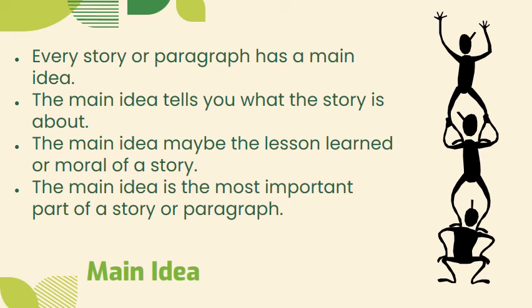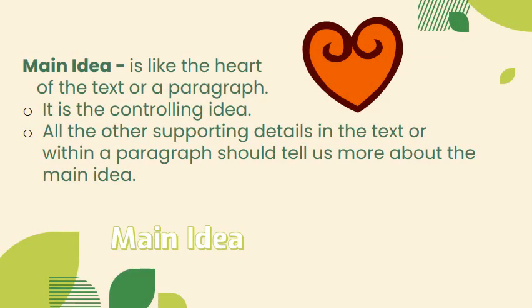If you have a narrative story, then the main idea could be the lesson or the moral that you learn. The main idea is like the heart of the text or a paragraph. It's the controlling idea, and all other supporting details in the text or within a paragraph should tell us more about the main idea.